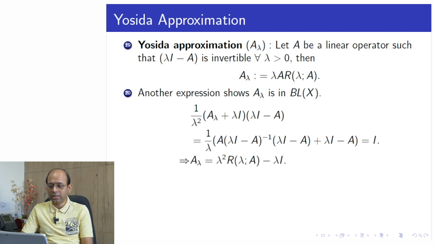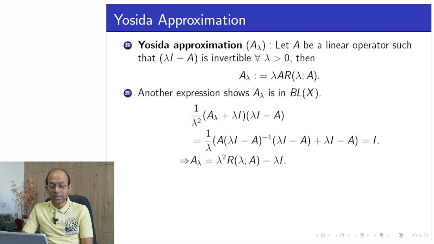This capital A and the minus capital A cancel each other, so I am left with only lambda I. But 1 over lambda is already there, so only I, the identity operator, remains. Now I invert both sides. The left hand side is the inverse of lambda I minus A, and the right hand side is just identity. So I have 1 over lambda square (A lambda plus lambda I) equal to R(lambda, A), because this inverse is R(lambda, A).